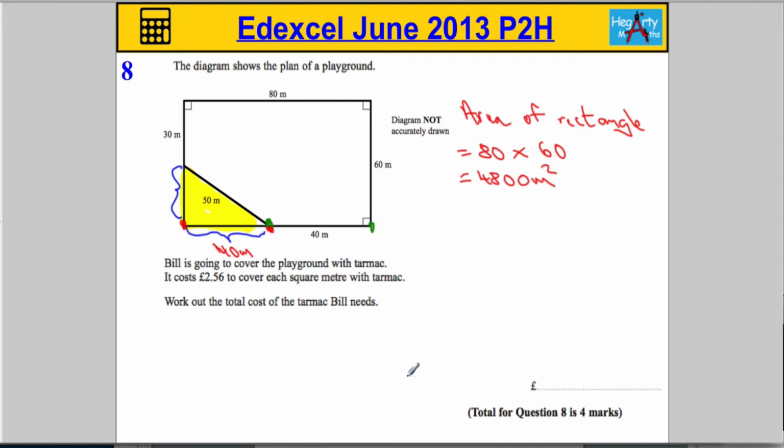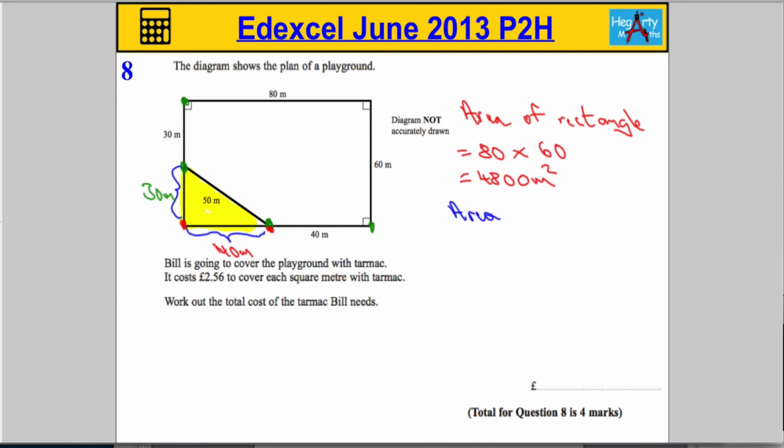And in a similar way, I know the total distance along the top is 60. We know that this distance here, marked by the 2 points, from here to here is 30 meters. That means from here to here must be another 30 meters. So I know that the base of the triangle is 40, the height is 30, so I'm going to get the area of this triangle now.